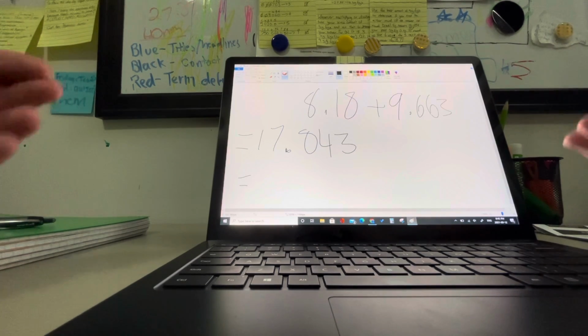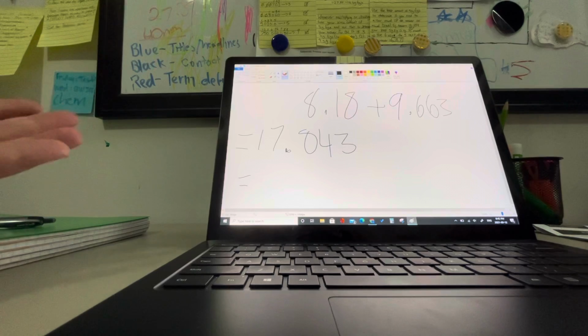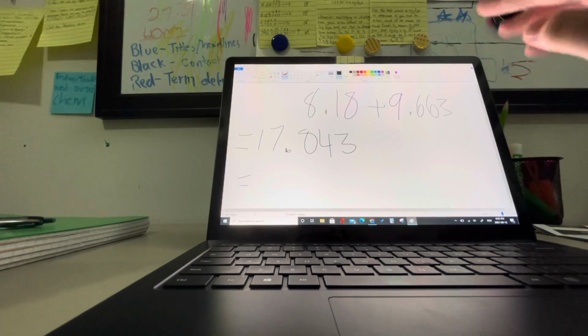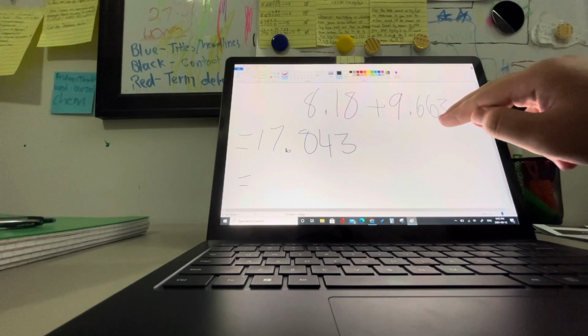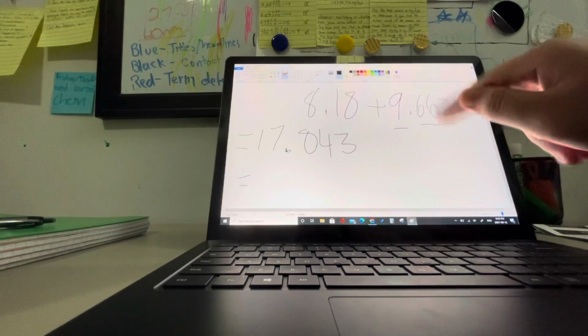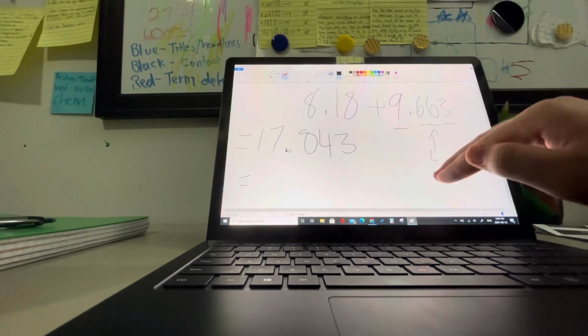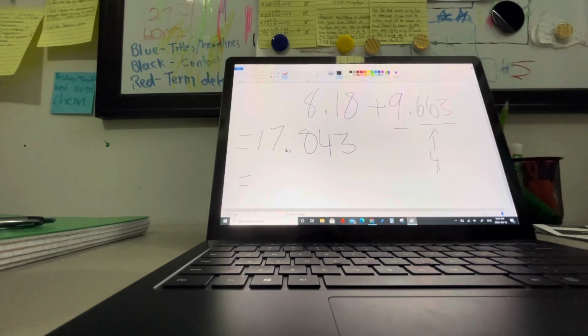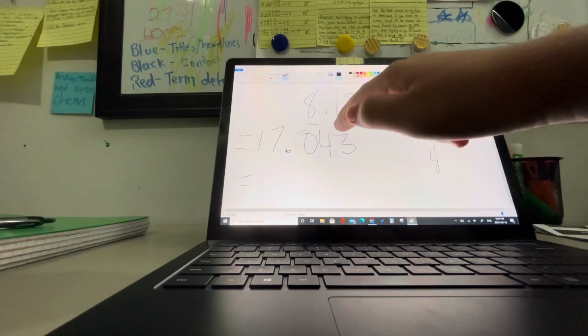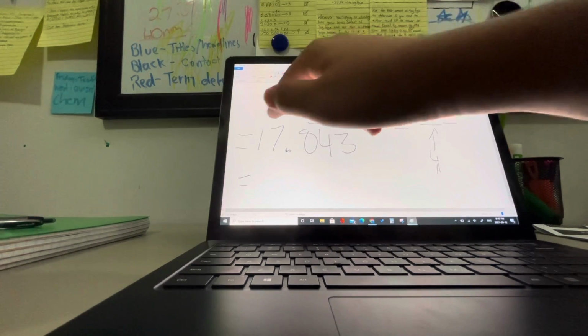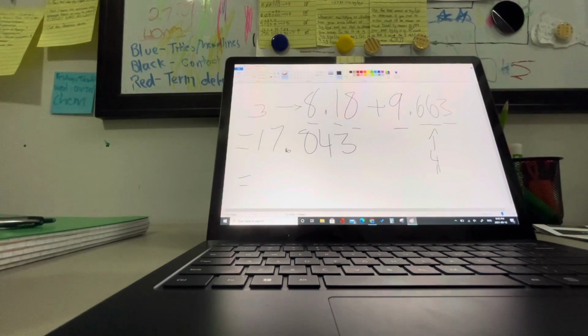Okay, so, like I said, it's all the same. You just have to take the least amount of significant figures. 1, 2, 3, 4. This has 4 significant figures. And this one has 1, 2, 3. So 3 significant figures.